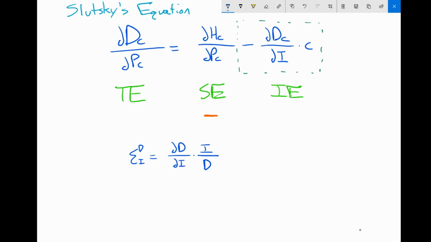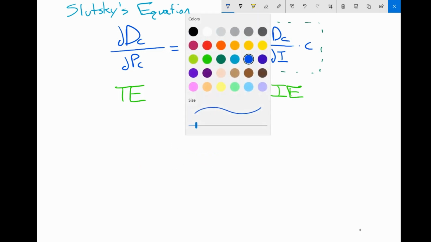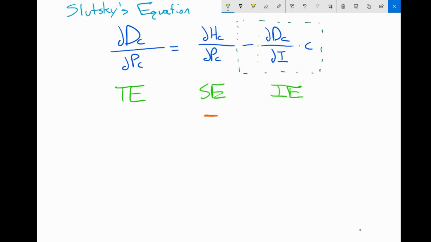And so we can see the effect of income on demand in the equation. This term here shows us the effect of income on demand for coffee.